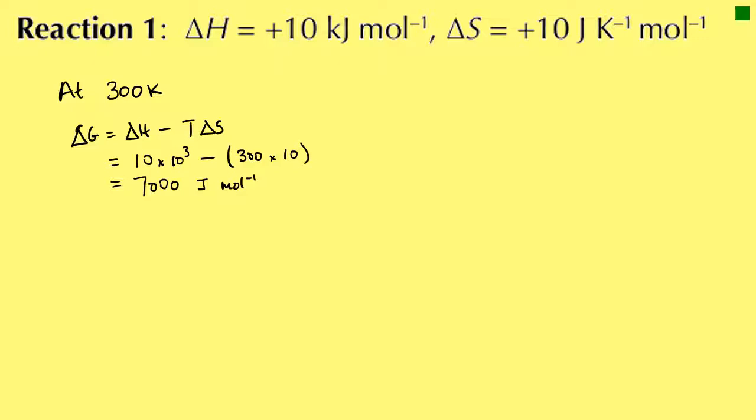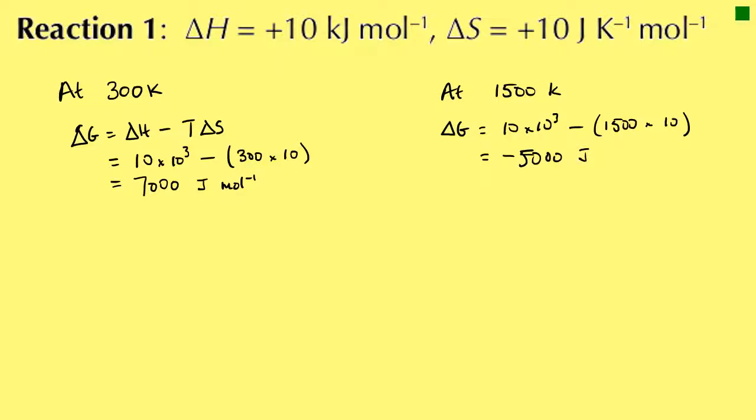Whereas if we look at it at a higher temperature, let's say 1500 Kelvin, our delta G this time is delta H is still 10 times 10 to the 3, but this time we're multiplying our entropy change by 1500, and so our free energy change in this case at 1500 Kelvin is minus 5000 joules per mole.